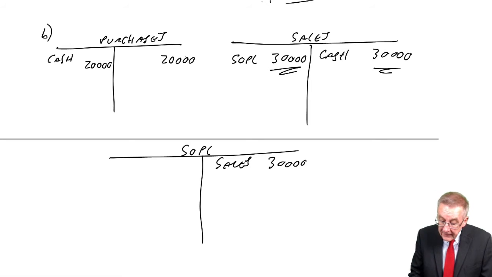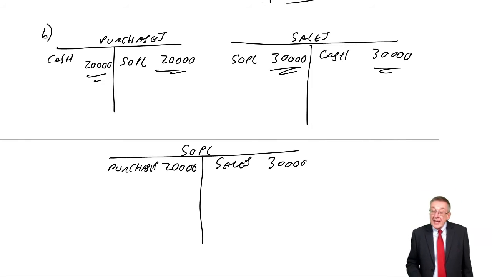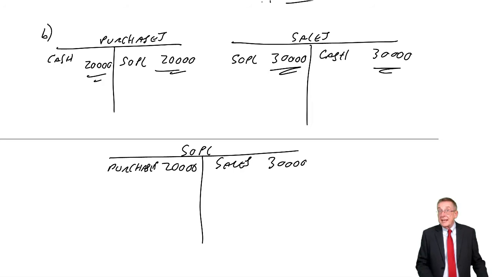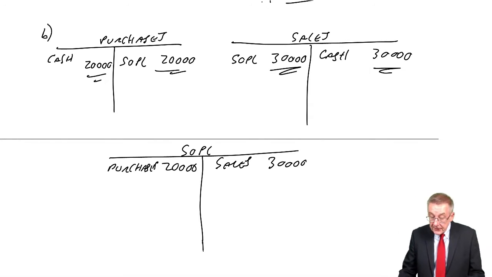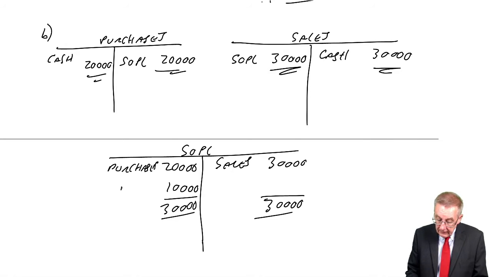Credit purchases, debit statement of profit or loss, 20,000. And the purchases account, again, is clear, ready to record next year's purchases. And finally, the balance on the statement of profit or loss is, of course, the profit for the year.